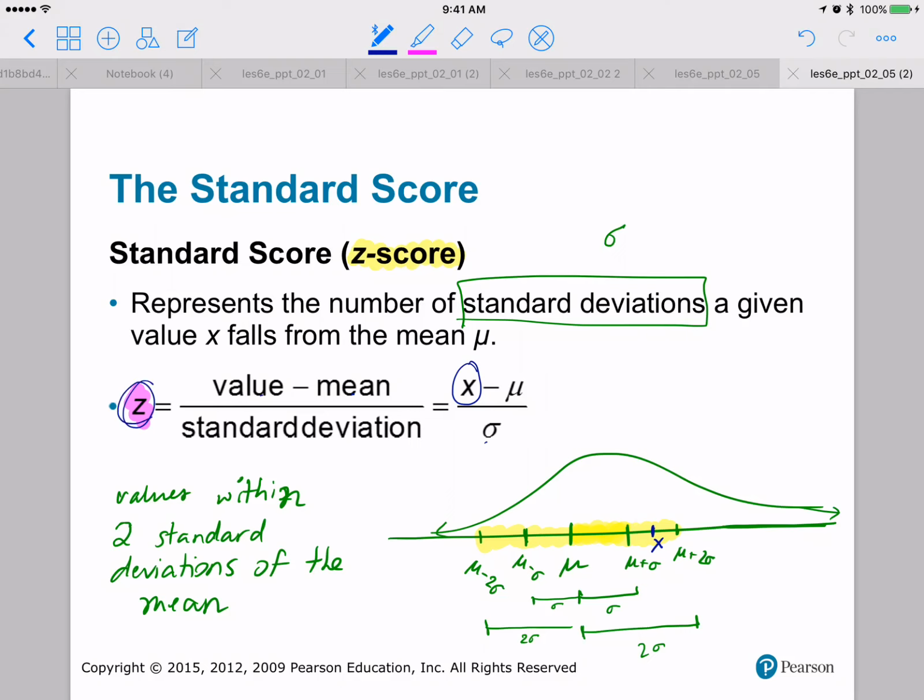Then z is going to tell you how many standard deviations away from the mean x is. So let's just put here a note. If z is positive, then x is above the mean.